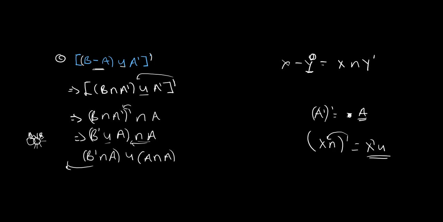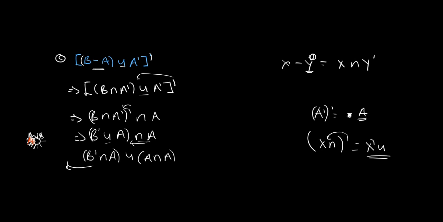So b complement, where is it going to intersect with a? It will intersect with a at only this part. So the b complement will intersect in a, in short.